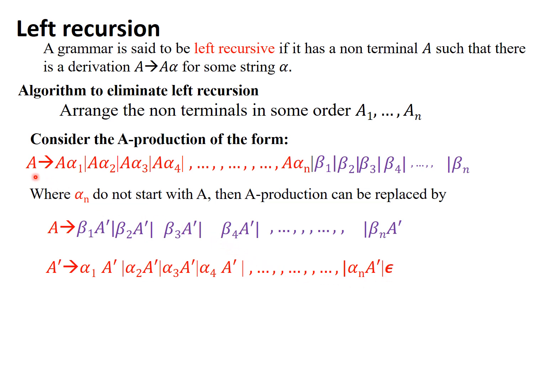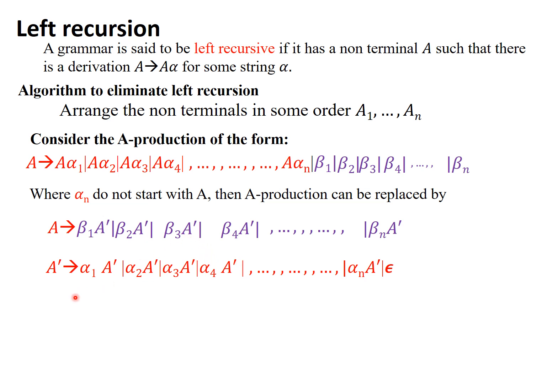So any production, I will be recalling again, is in the form of A gives A alpha 1, A alpha 2, etc., A alpha n, beta 1, beta 2, beta 3, etc., in this format. Then you have to convert into these two formats. The A production can start like this: beta 1 A dash, beta 2 A dash, etc., beta n A dash.